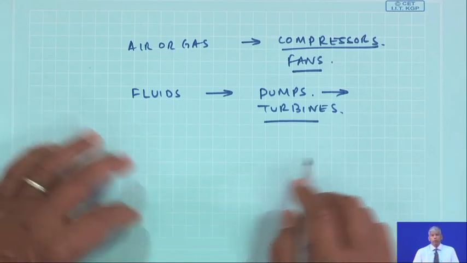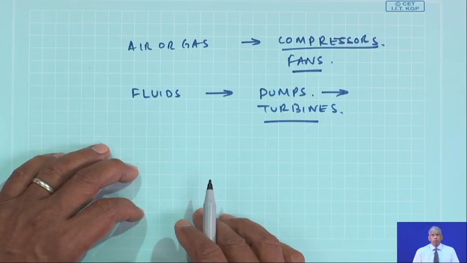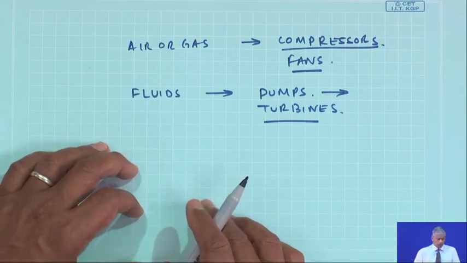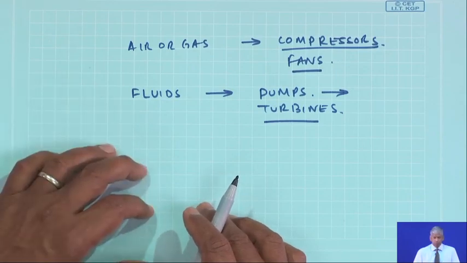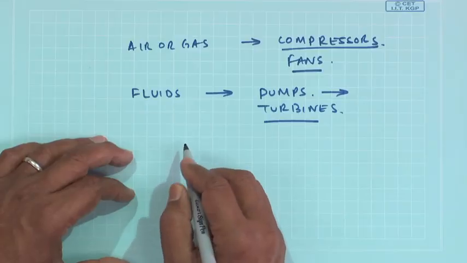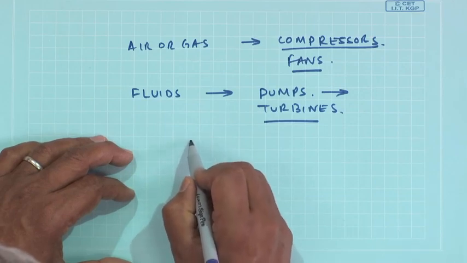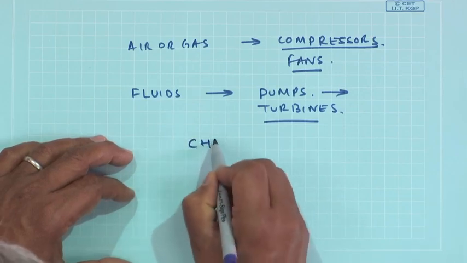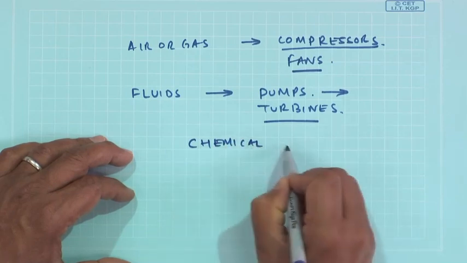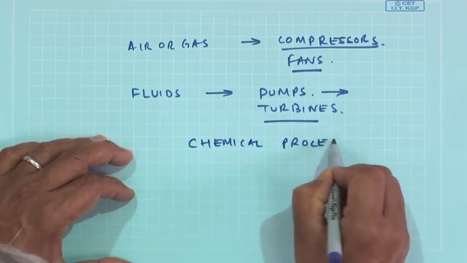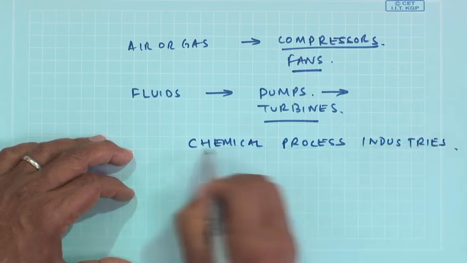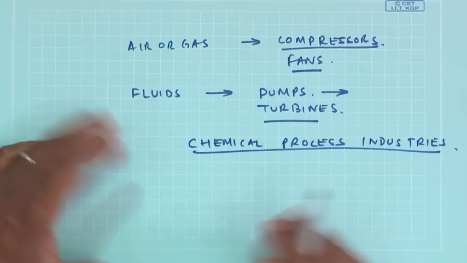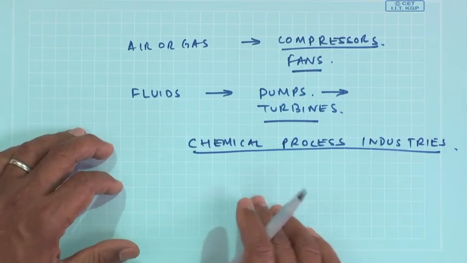So, depending on the applications, we will see in industry pumps, turbines, compressors, fans, either with the working fluid being air, some sort of gas, or fluids and liquids, fuel, etc. So, all in the chemical process industries, one will come across all these machine types, which are pumps, turbines, compressors and fans.